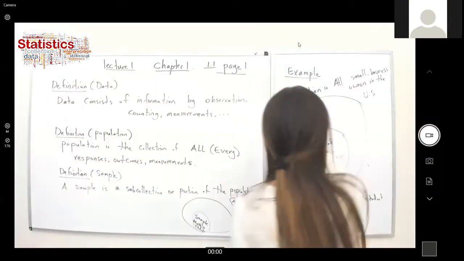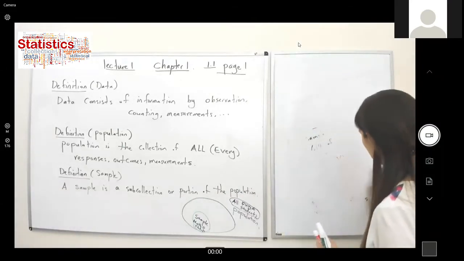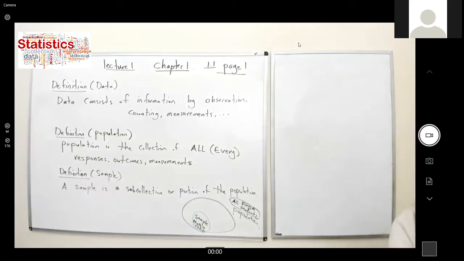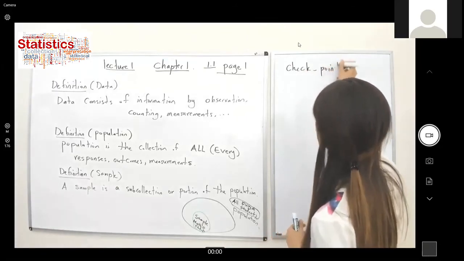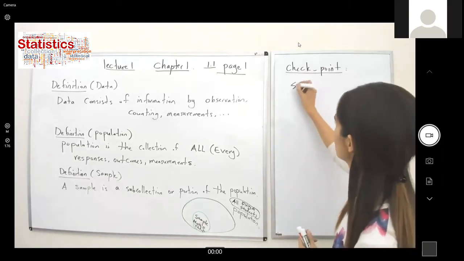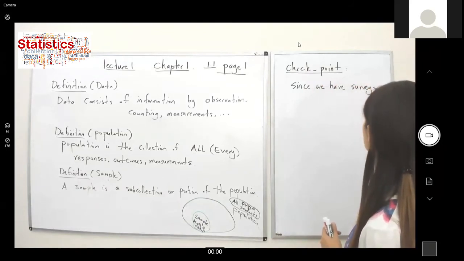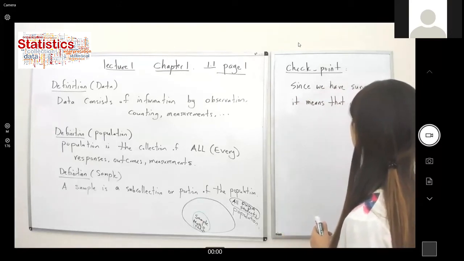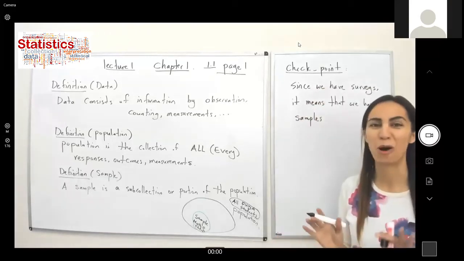So in our checkpoint, since we have surveys, it means that we have samples, not population.